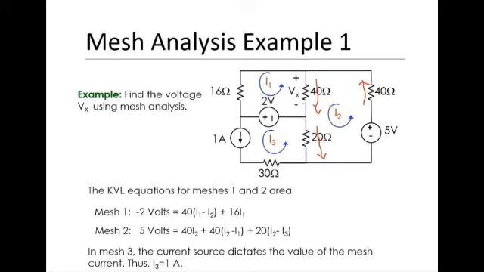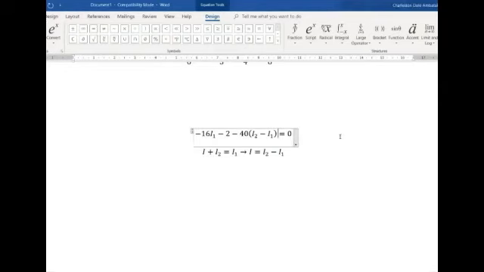Let's say this 40 ohm resistor has a current I40, and this resistor has a current I20. Again, the direction of the current is defined by the direction of the loop, and we get the KVL equation defined by mesh 2.